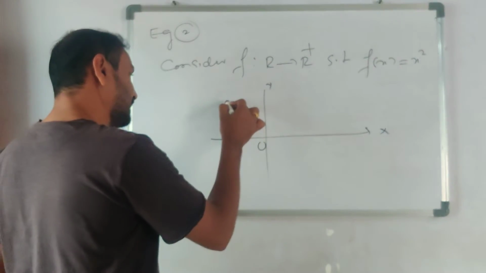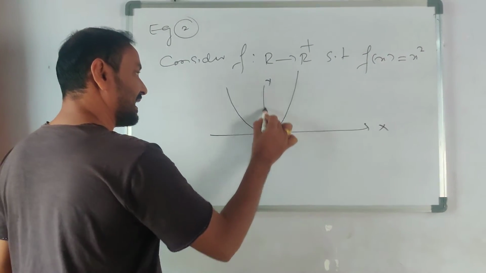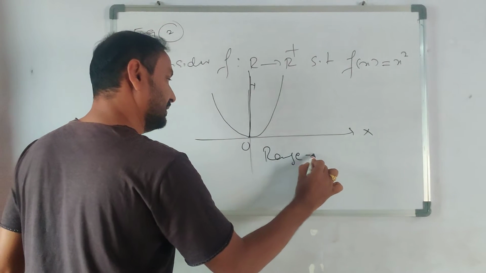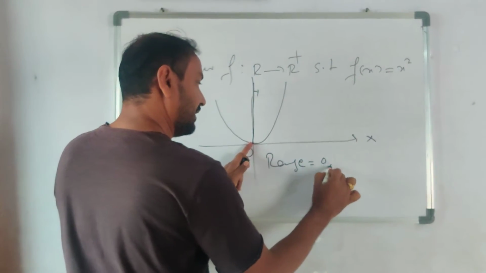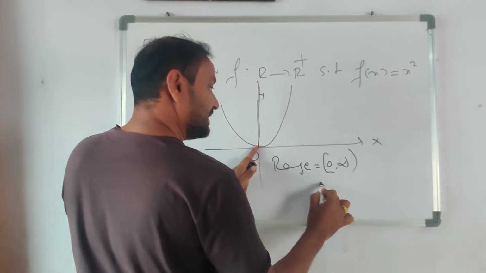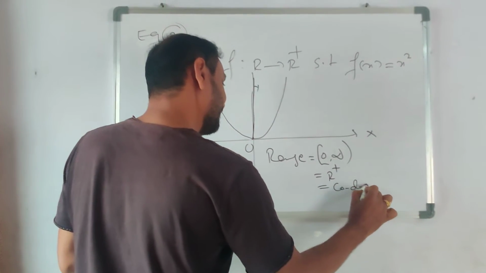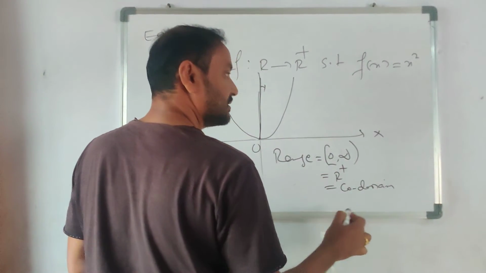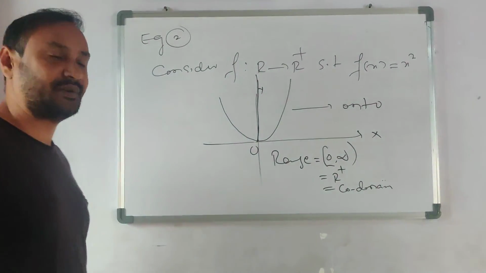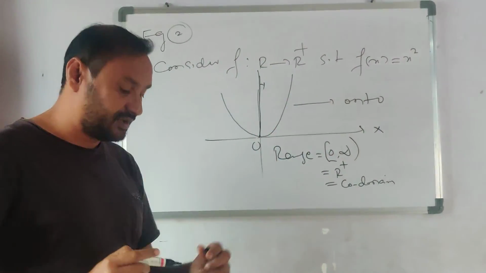Draw the graph of the given function. Clearly this is the range. What is the range here? Clearly range is 0 to infinity. So this is equal to R plus, this is equal to codomain. So that's why it is onto. You can say the given function is onto according to the definition, because the range equals codomain.